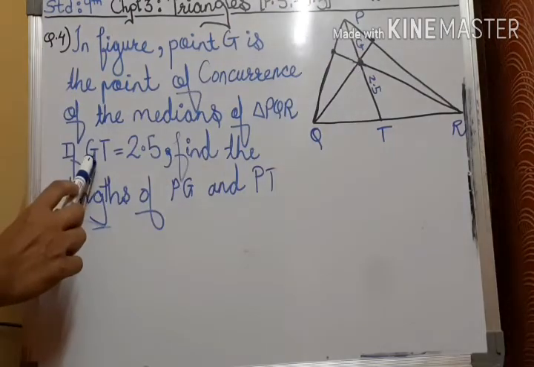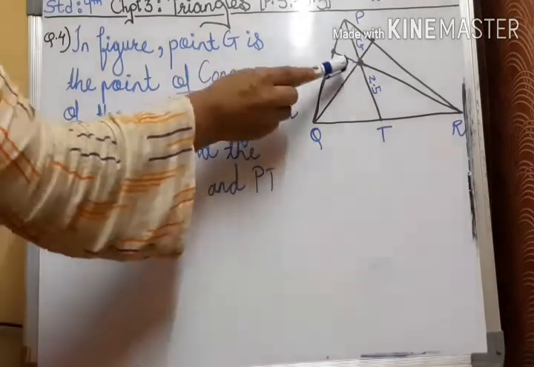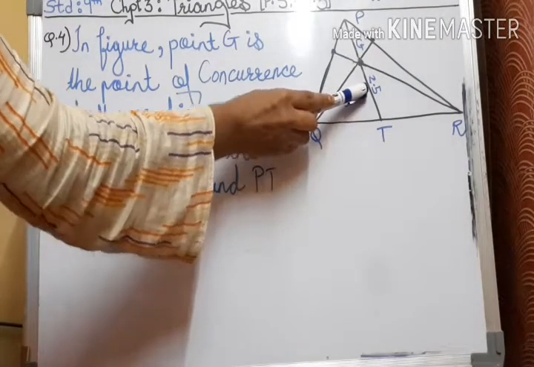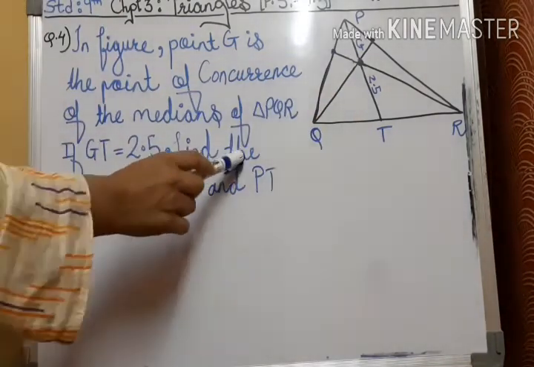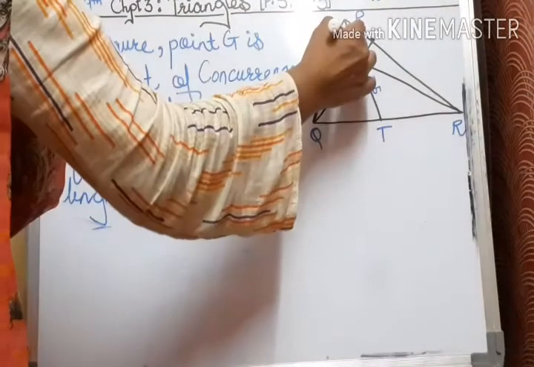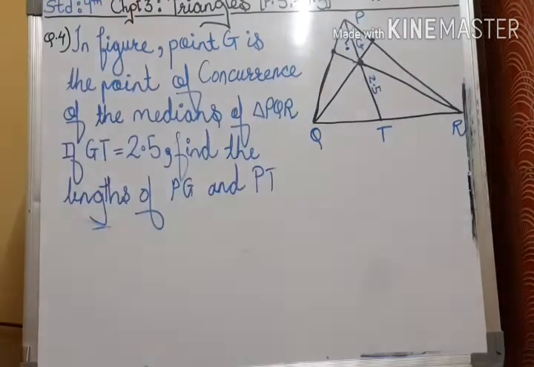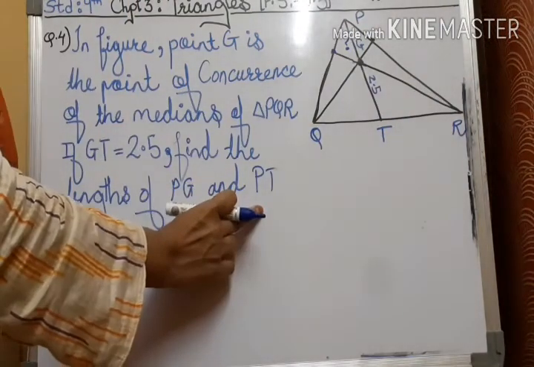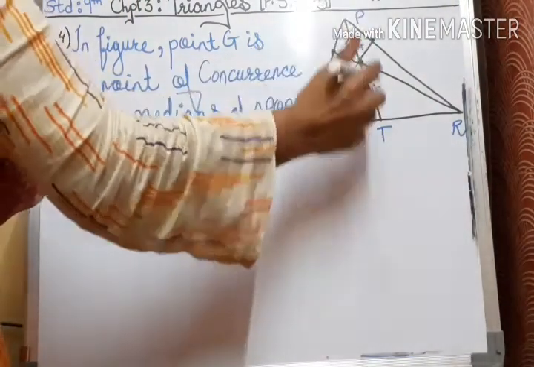If GT is 2.5, find the length of PG and PT. That means P to T, this whole.